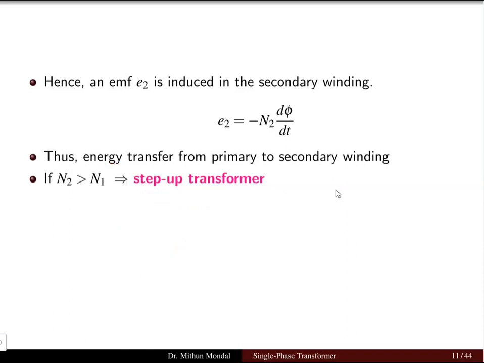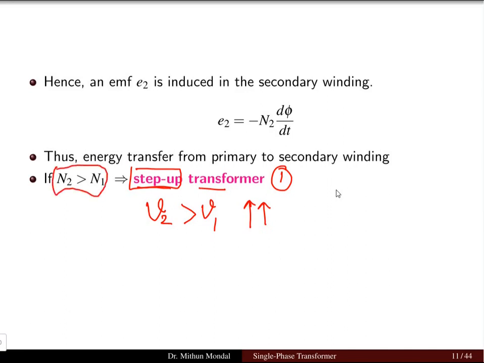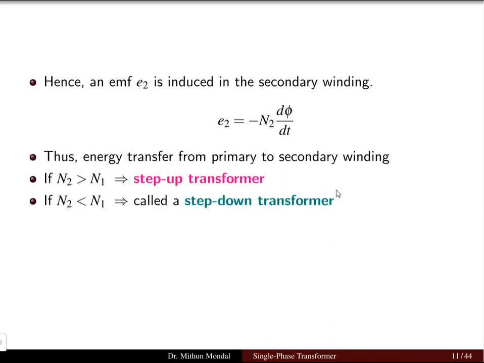Now the transformer can be a step-up transformer. What do you mean by step-up transformer? When the secondary voltage is more than the primary voltage, that is known as a step-up transformer. It means that at the load we are getting more voltage than the supply voltage. This is only possible if the number of turns in the secondary winding is more than the number of turns in the primary winding.